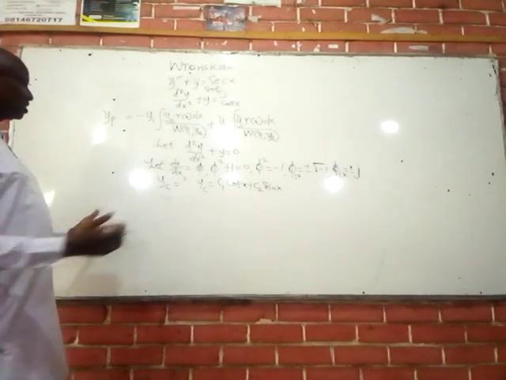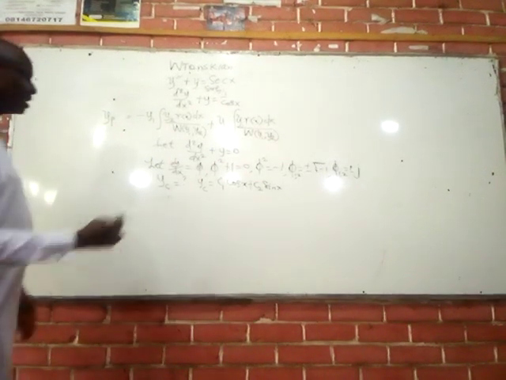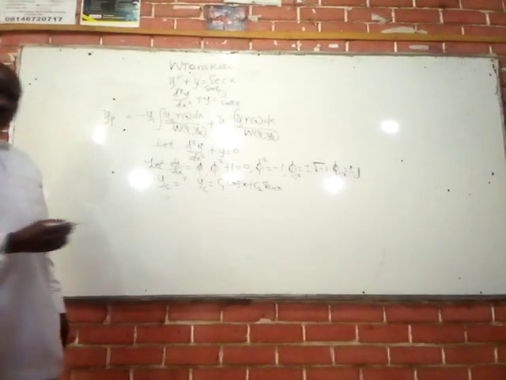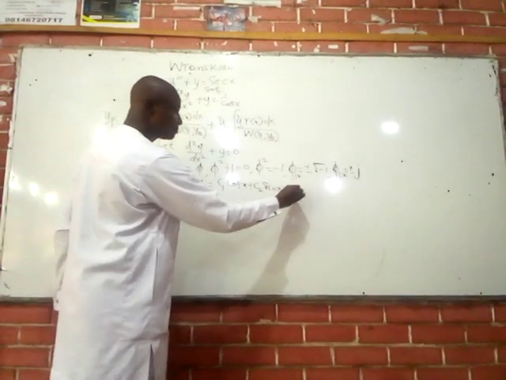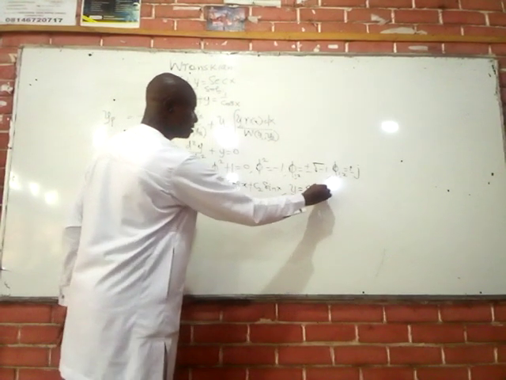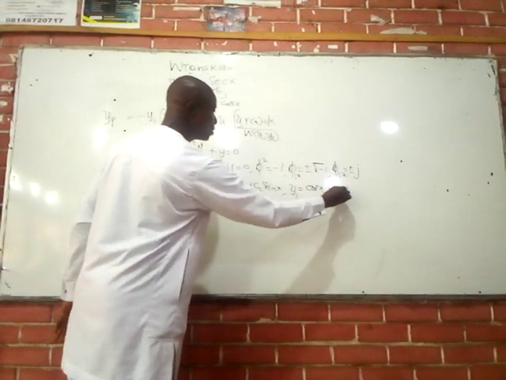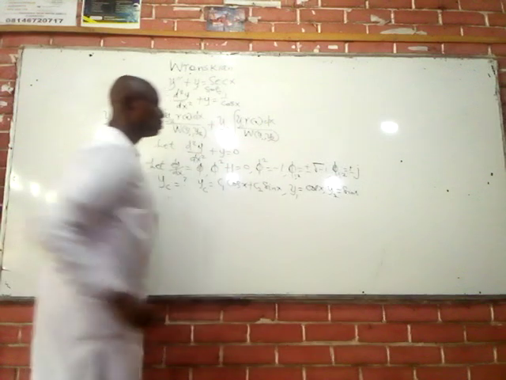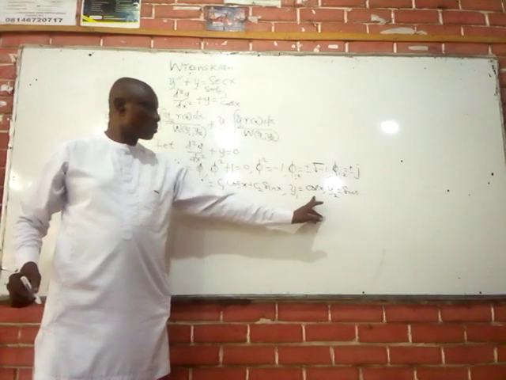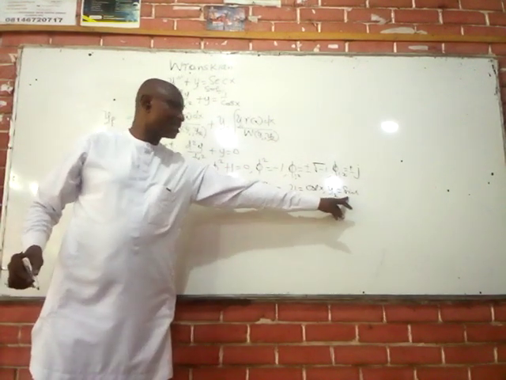We have to proceed to the WRONSKIAN application. Basically, the concept of WRONSKIAN is that y1 is equal to cos x and y2 is equal to sine x.